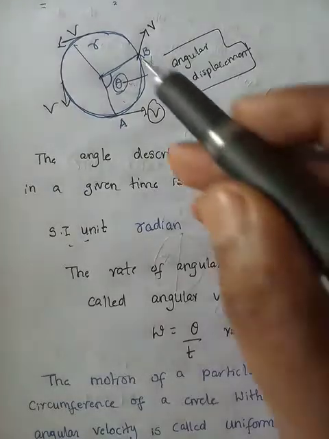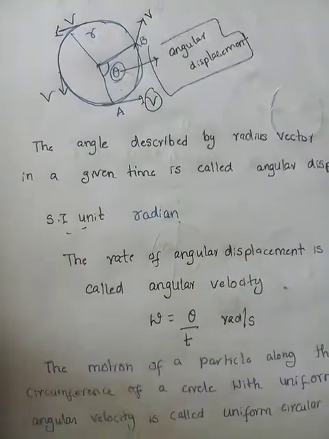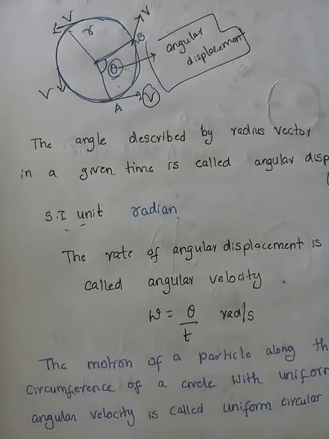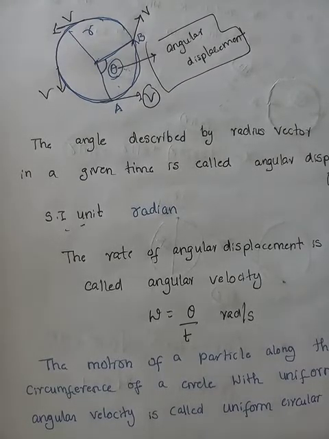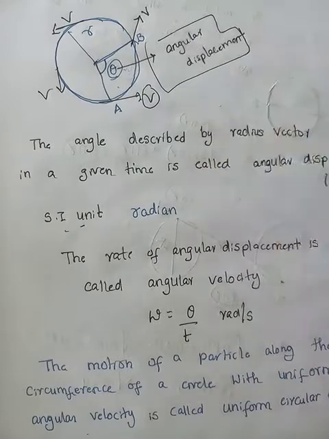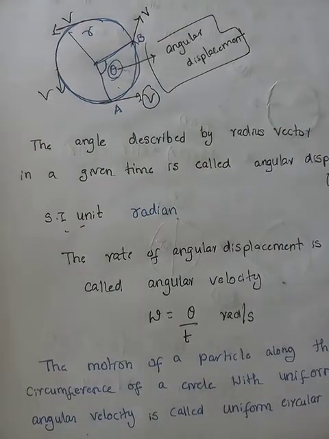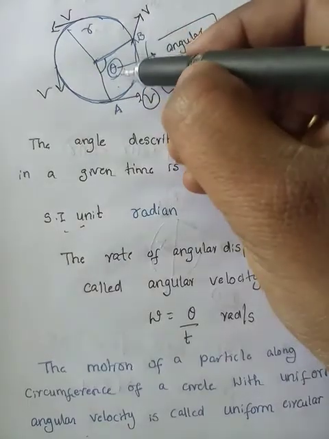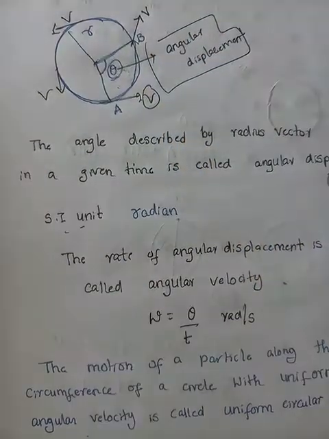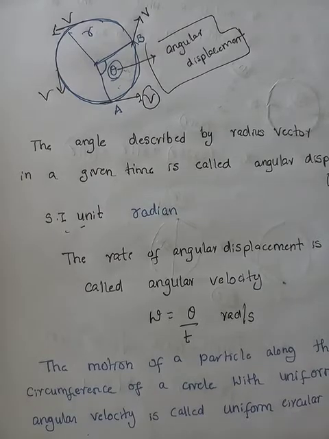In uniform circular motion, the particle moves with uniform angular velocity, which is similar to uniform velocity. This particle covers equal angular displacements in equal intervals of time. For example, here theta is 30 degrees and it takes 2 seconds, the next 30 degrees also 2 seconds, the next 30 degrees also 2 seconds.